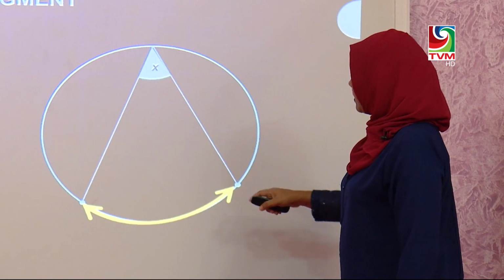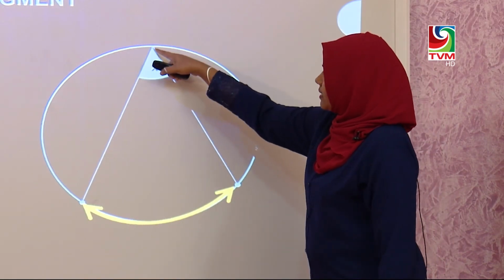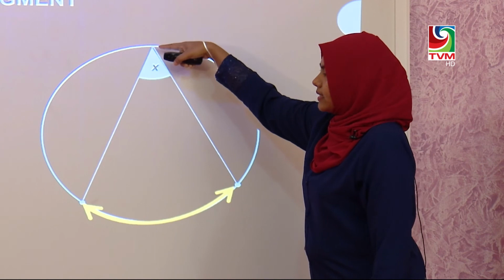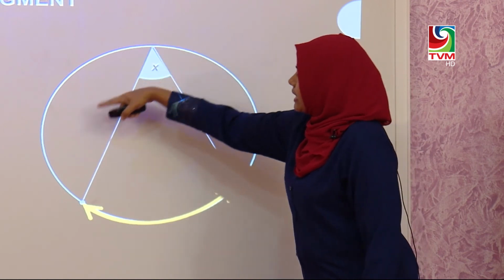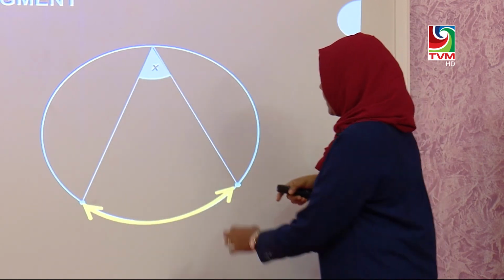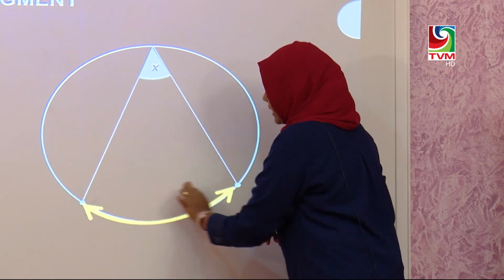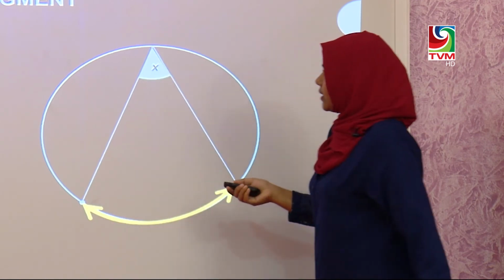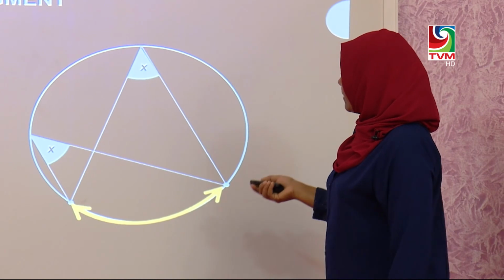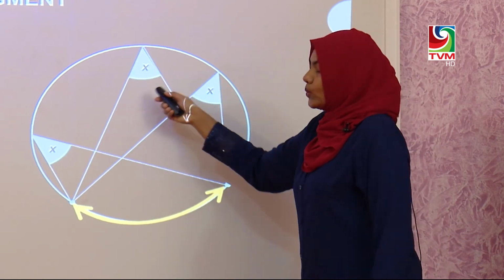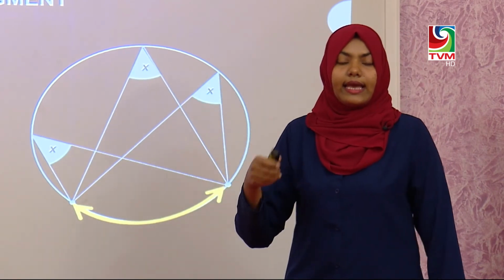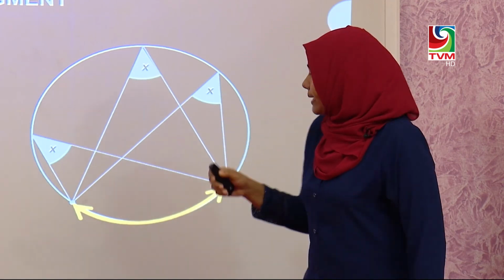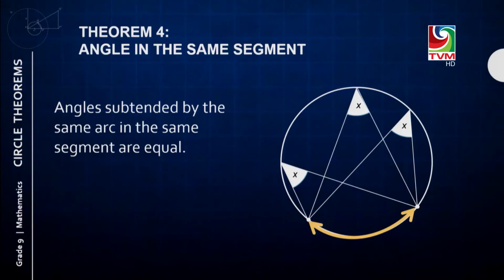From here it is forming one angle on the circumference, and this is a segment. When we draw a line from here, it will be a segment. So, in the same segment we are forming 1, 2, 3 angles. All these three angles will be equal because they are formed from the same arc, and all three angles are in the same segment.